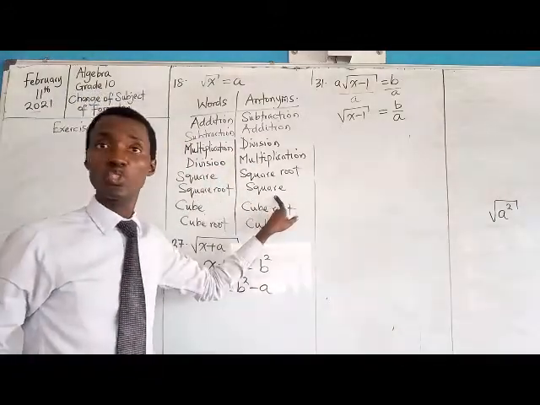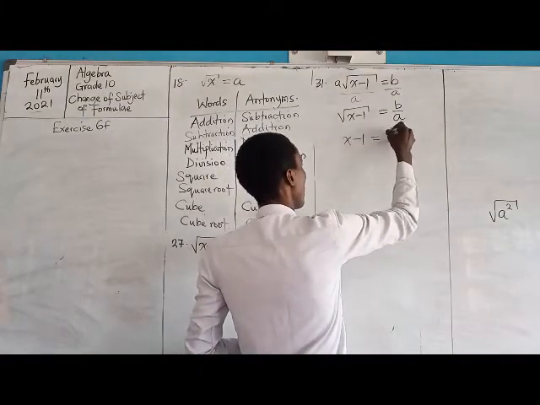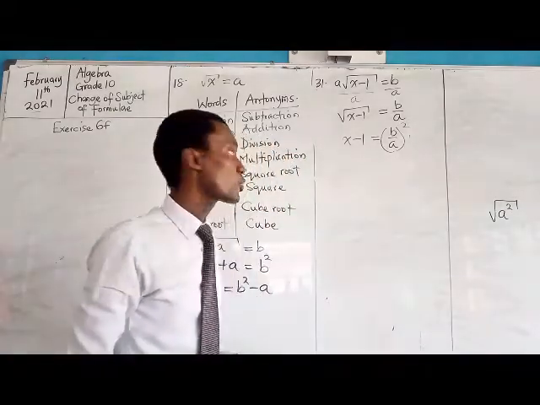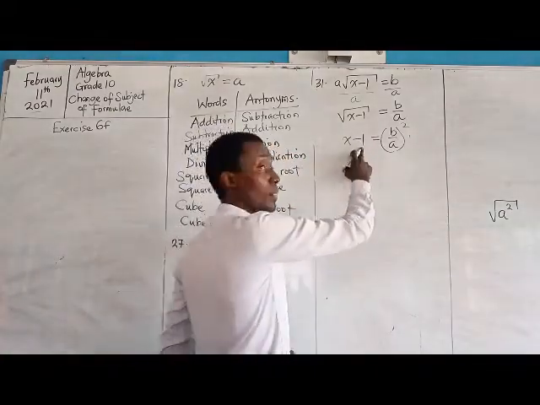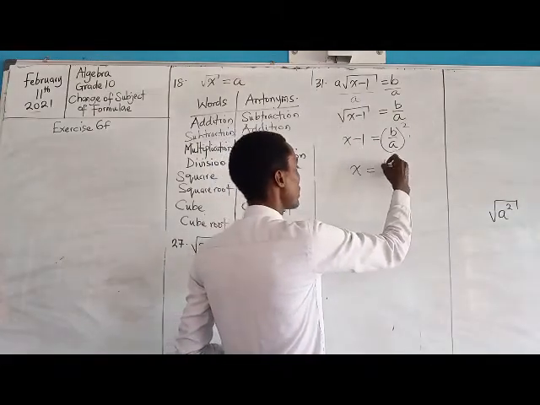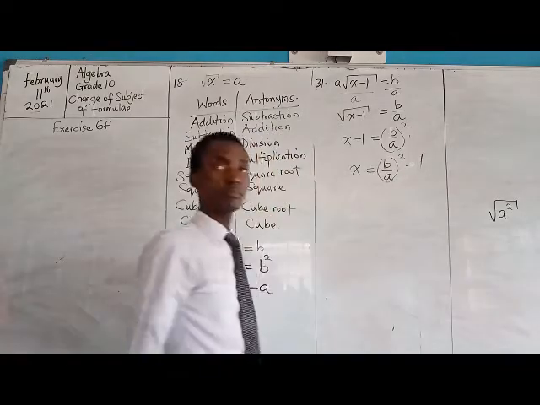And they have told me that it is what? Square. So that will be x minus 1 equal to b over a all squared. At this point, the only issue I'm having is what? Negative 1. So x will now be equal to b over a all squared minus 1.